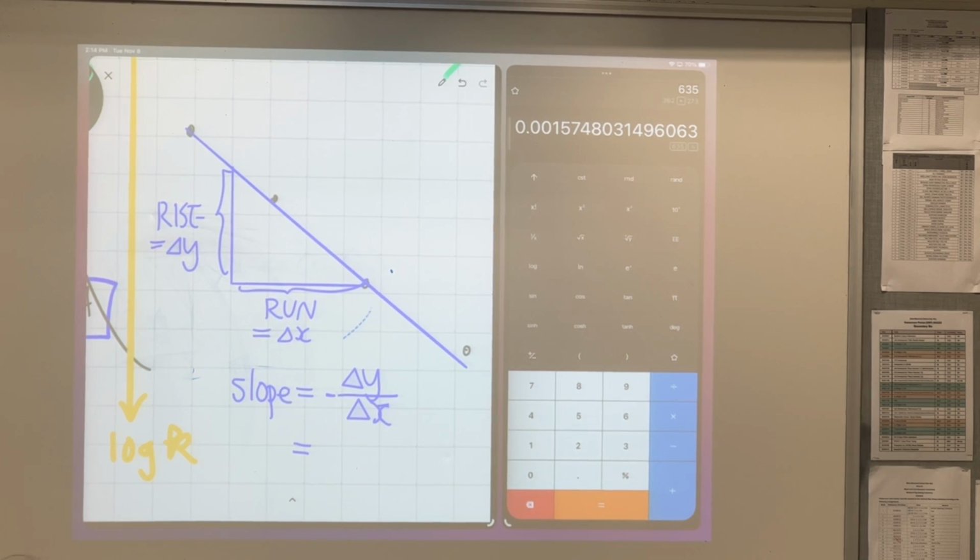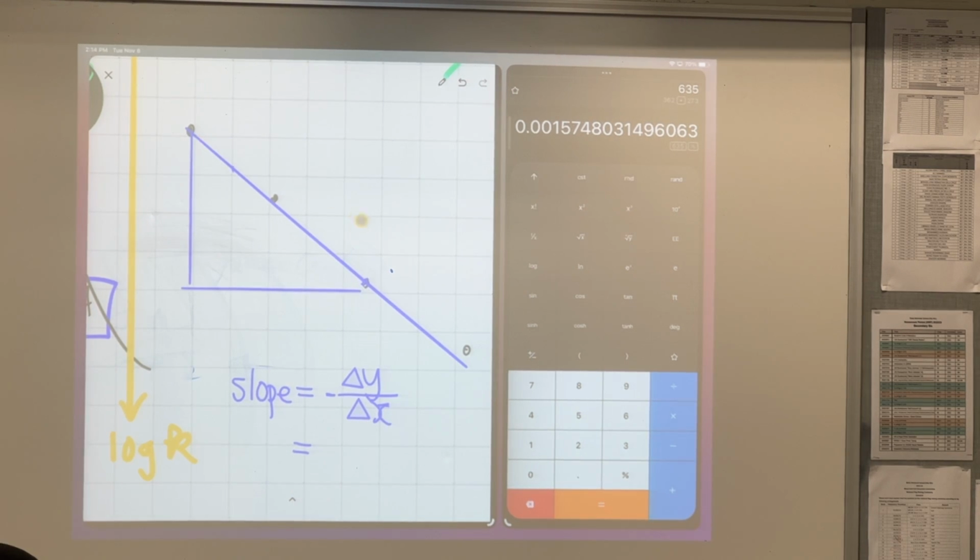So, for example, in here, let me move this over. Why don't we take these 2 points? You see 1, 2, 3, 4 points on your graph, right? So let's take the first point and the last point to demonstrate what we need to do. So this is 1.15 times 10 to the power -3, and -6.